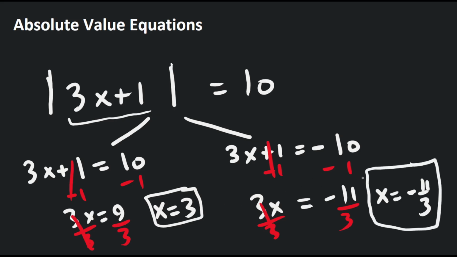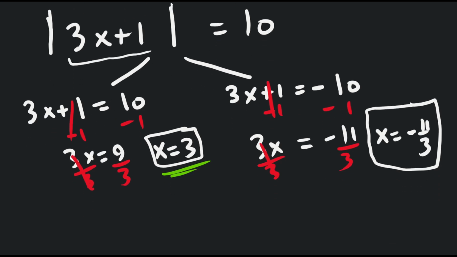So we can go ahead and test these two, x equals 3 and x equals negative 11 over 3. Let's begin by testing x equals 3. Let's rewrite our original problem. Our original problem was the absolute value of 3x plus 1 equals 10. And we are going to substitute the x for 3.